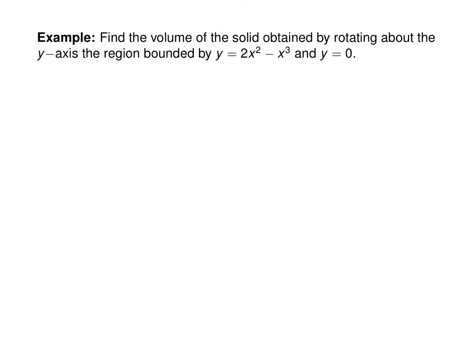So let's return to the example of rotating the region y equals 2x squared minus x cubed about the y-axis. The picture looked like this, crossing at 0 and at 2. So here is my typical shell.